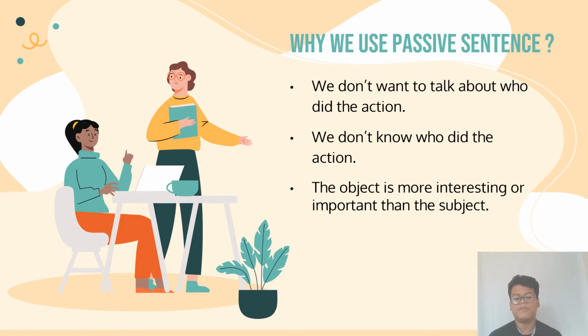The first reason, we don't want to talk about who did the action. It's not the focus for us. The next reason is we don't know who did the action, we just know about the object. The next reason, the object is more interesting or important than the subject.